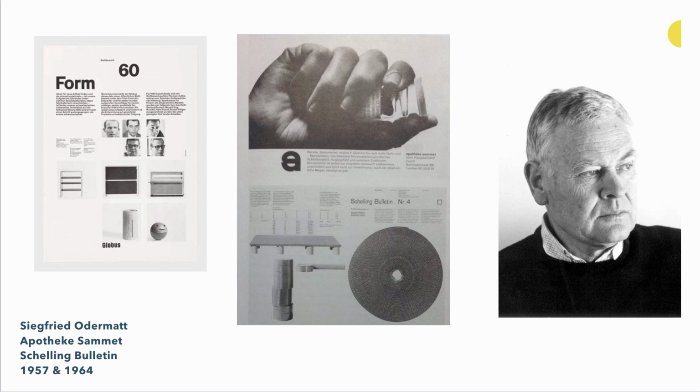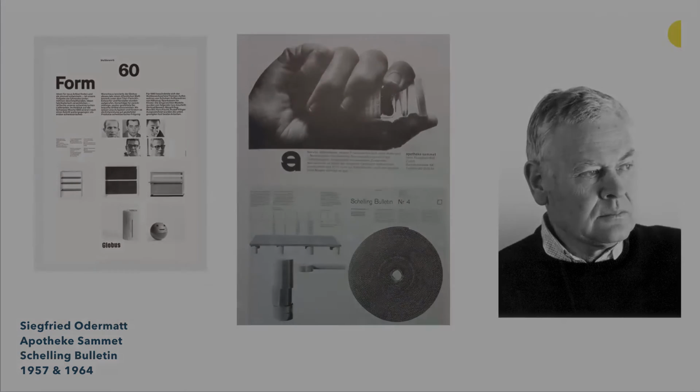He used straightforward photography with drama and impact and sought originality through the idea or concept, not just through visual style. His partner, Rosemarie Tissi, is known for her playful approach to graphic design. In 1968, she became an equal partner with Odermatt in the studio Odermatt and Tissi.